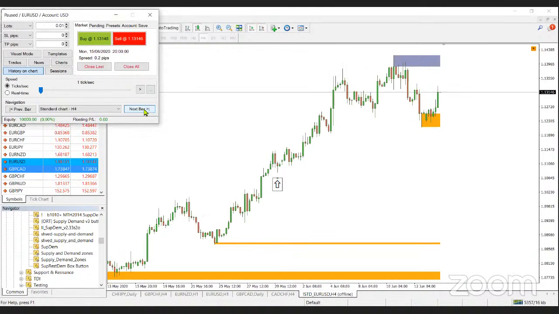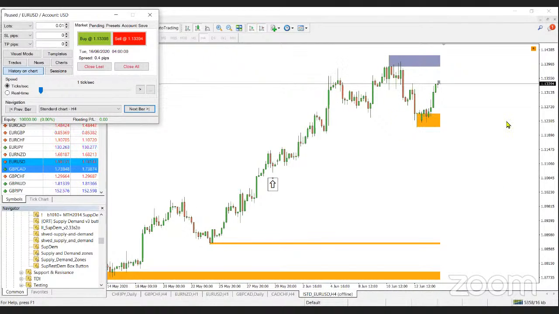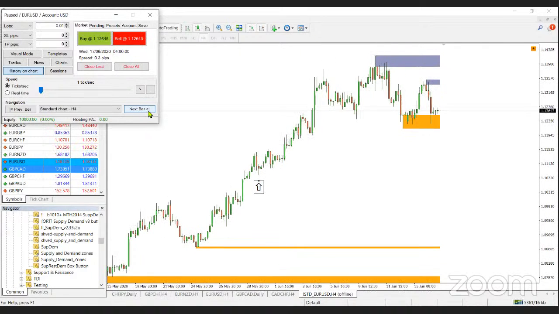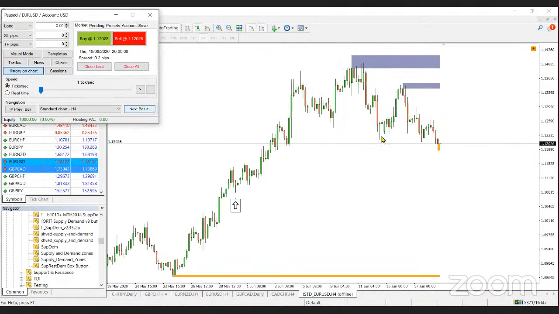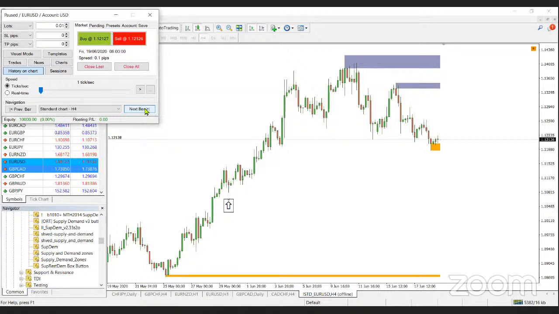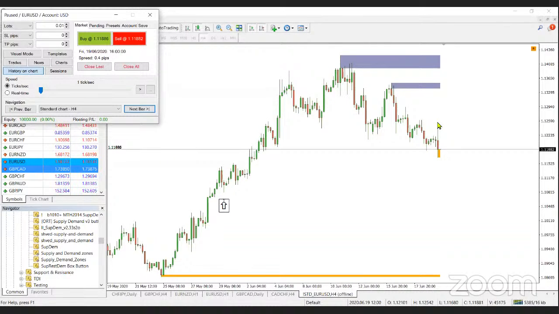So let's see how it turns out. To me, price is now consolidating. Maybe there's a break. I'm not sure. There. So this is the break that we'll all be waiting for. Again, a retest would be nice. Don't know whether it will happen or not. That's a very nice bar.